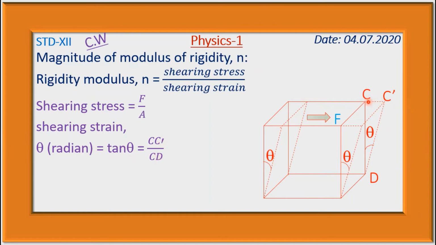C prime divided by CD is the strain, and this strain is theta in radian when theta is very small. N, that is rigidity modulus, is equal to shearing stress divided by shearing strain. Here stress is equal to F divided by A and strain is theta. So we can write rigidity modulus N is equal to F divided by A theta.